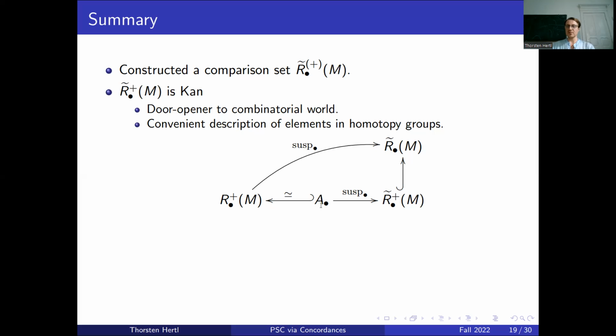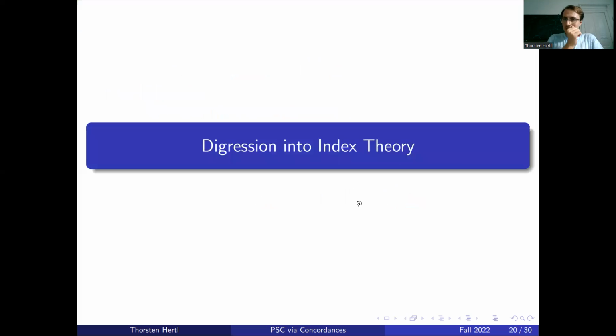We needed to restrict to a smaller cubical subset that is weakly homotopy equivalent, and where the maps satisfy a certain speed constraint so that we end up in the right target. This happened in the last video, and in this video, I would like to have a look at the index theoretic counterpart of the story.